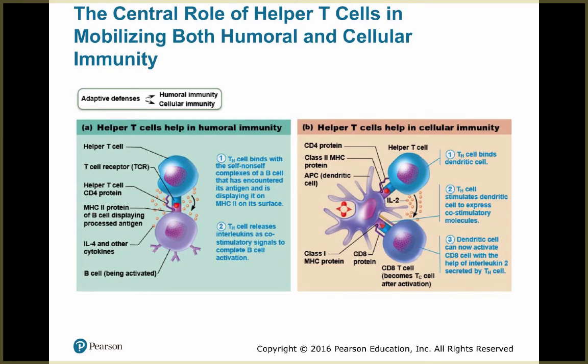So if we look at the helper T cells in the humoral response and the helper T cells with the cellular immunity, you can see here, right, what they do. Basically, these helper T cells bind with the self-nonself complex on a B cell that has encountered its antigen, and it is displayed on this secondary surface.